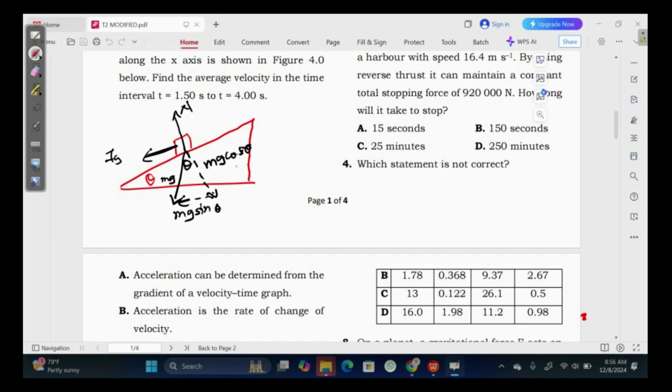Now, incline is something that is very easy. Fg is going in the same direction as the mg sine theta. Therefore, Fg is equal to mg sine theta. The normal force is in a straight line with this one, so the normal force is going to be given as mg cos theta.